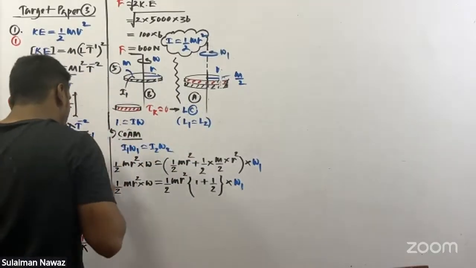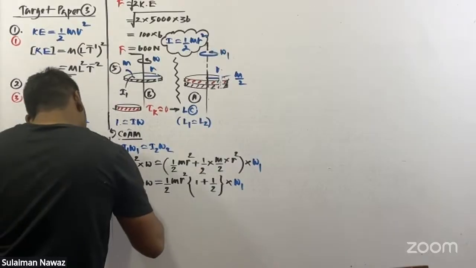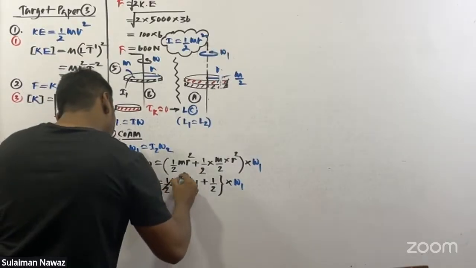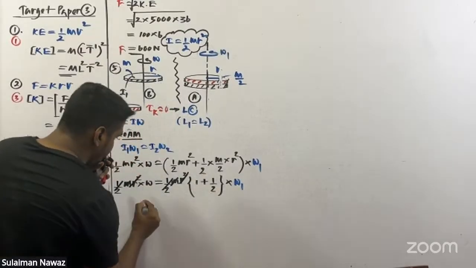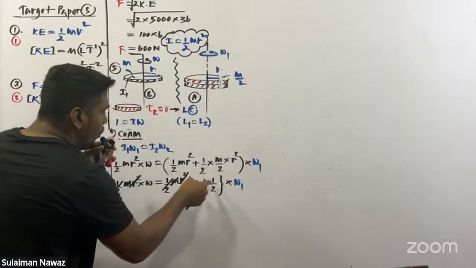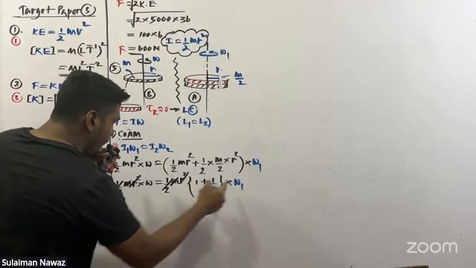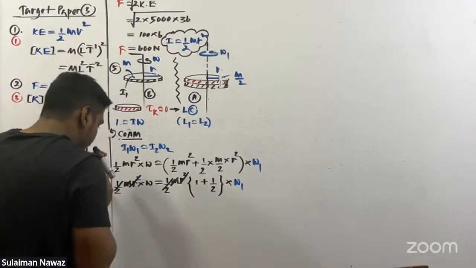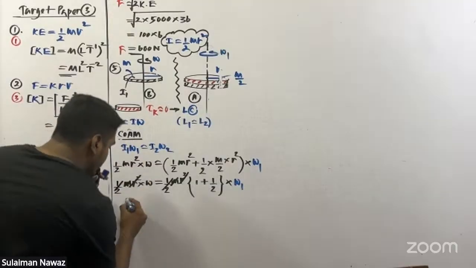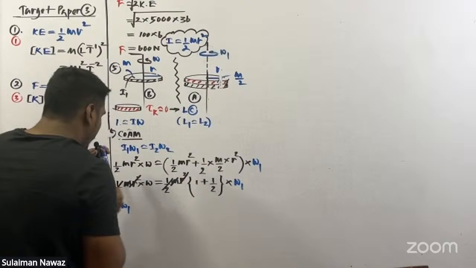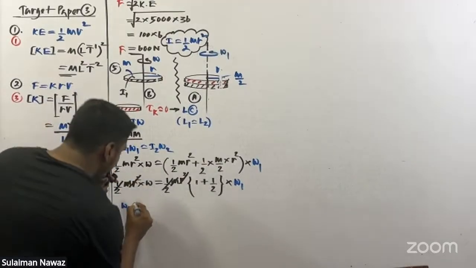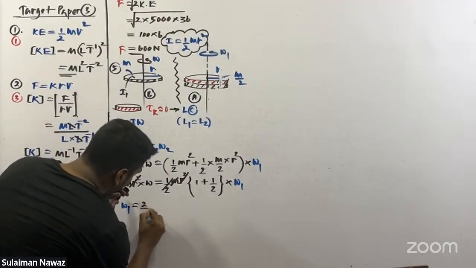We can cancel out half m r squared completely. Then what's remaining? 1 plus 1 over 2 means 3 over 2. Making omega 1 the subject, omega 1 is going to be 2 over 3 omega.